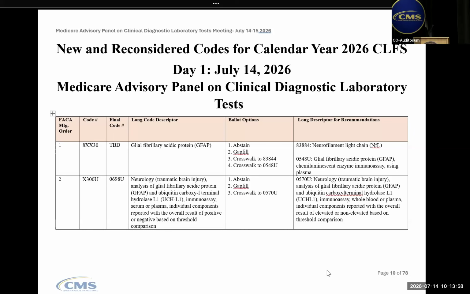I think we're waiting for one more. Just bear with us 1 second while we get through this first code.